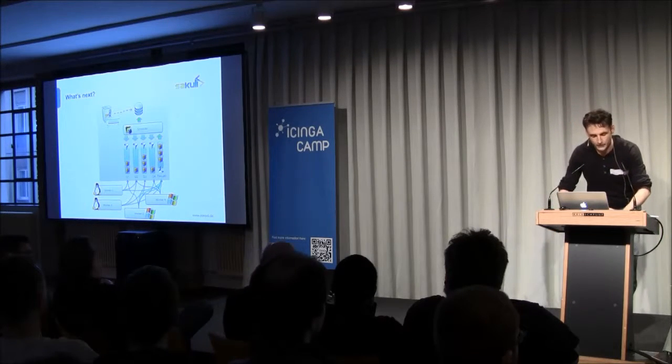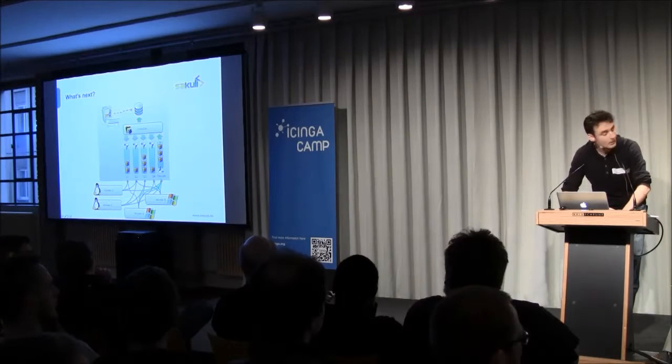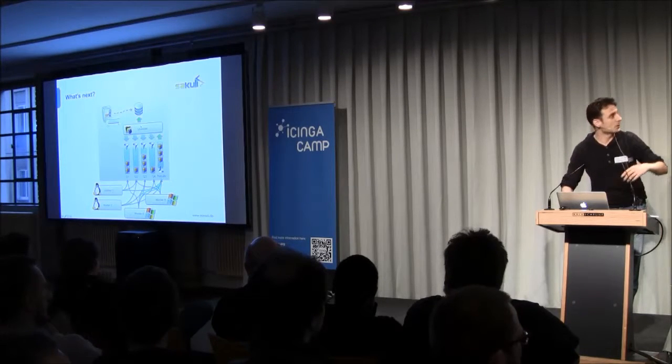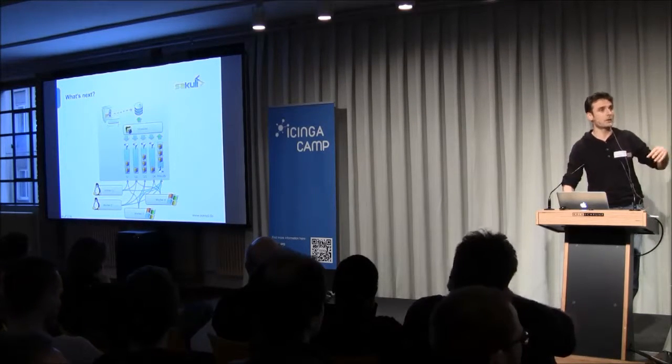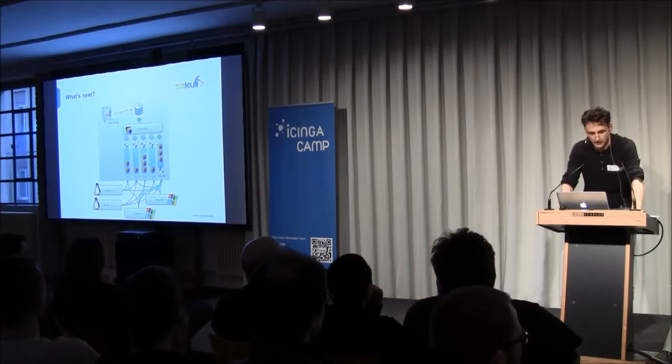And if they are finished, they send the result into the result queue of the central scheduler, and the scheduler is responsible for storing the results into a database or forwarding them to Icinga or log systems or anything else.